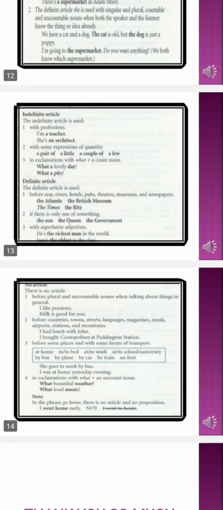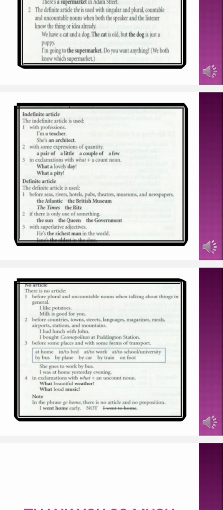Indefinite article. The indefinite article is used, number 1, with the professions. For example, I'm a teacher. She's an architect. 2, with some expressions of quantity.